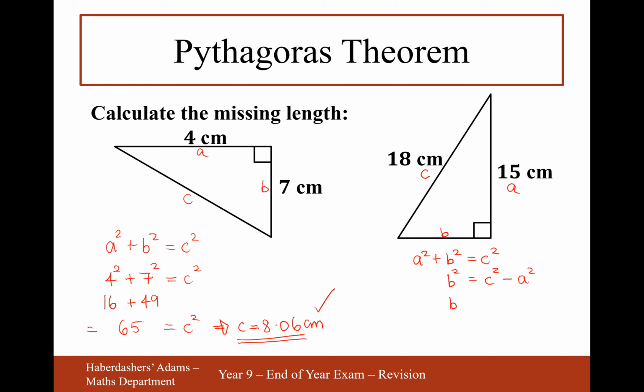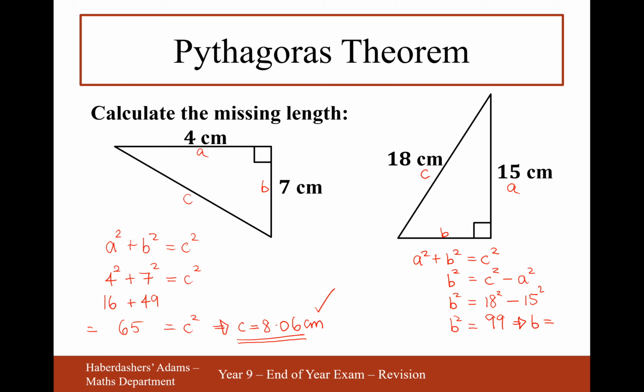So I've then got b squared equals c squared minus a squared, and I know c is 18, so that'd be 18 squared minus 15 squared. Now don't try and shortcut this process and say, well, 18 minus 15 is 3, so it must be 3 squared. No, do it properly on the calculator. 18 squared minus 15 squared is actually 99.